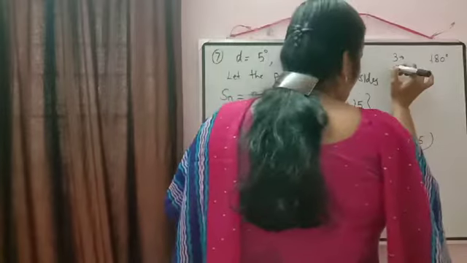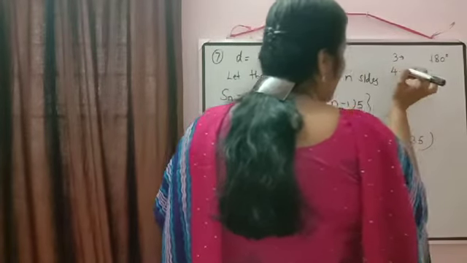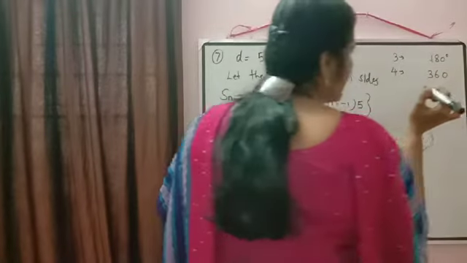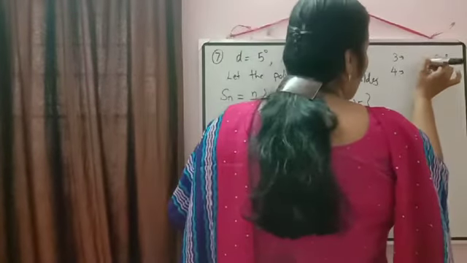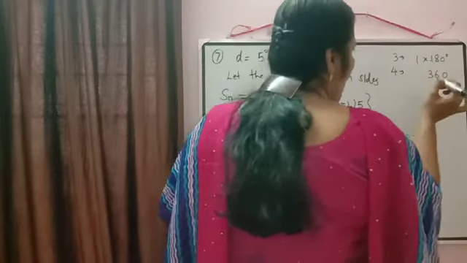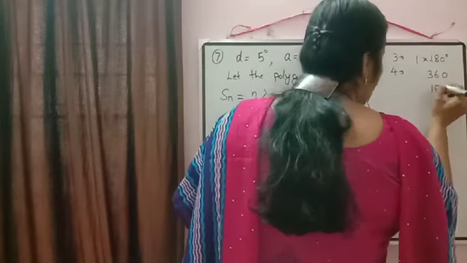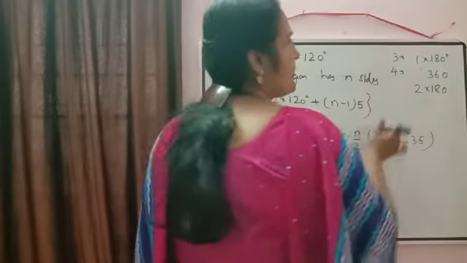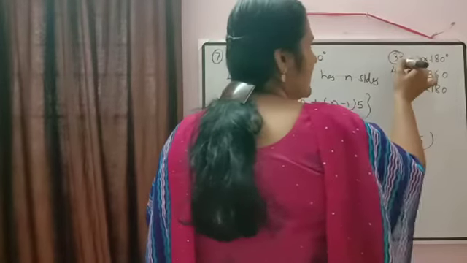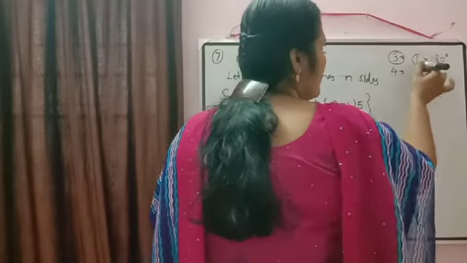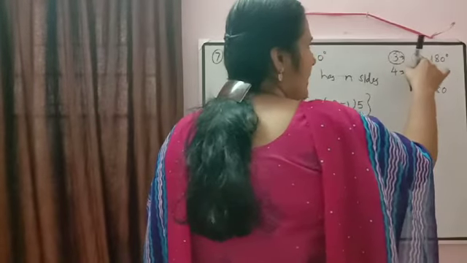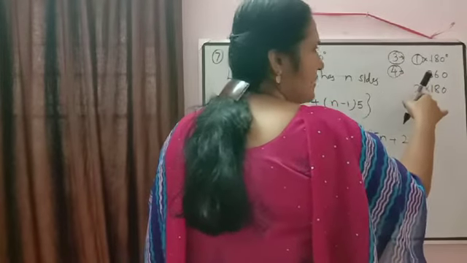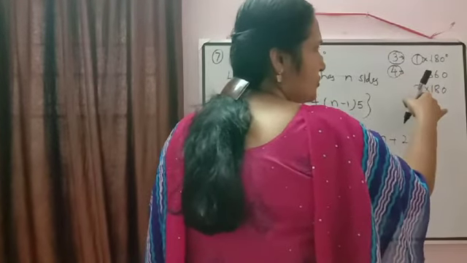In a quadrilateral, how many sides are there? 4 sides, and the sum of all angles is 360 degrees. So to check, we have 180 into 1, and for the quadrilateral 180 into 2. How many sides were there? 3 sides, and here we wrote 1, meaning 3 minus 2. Here there were 4 sides, and we wrote 2, 4 minus 2.